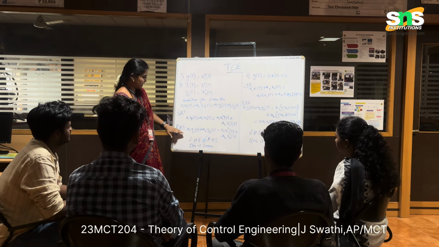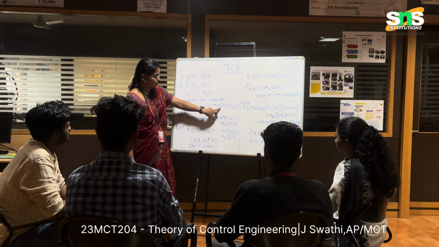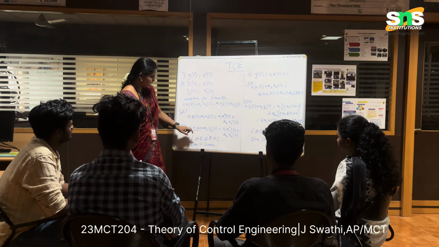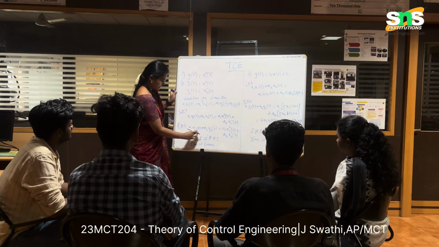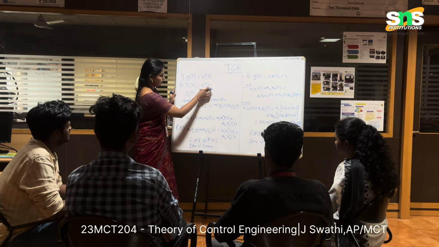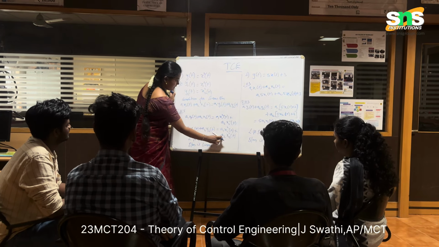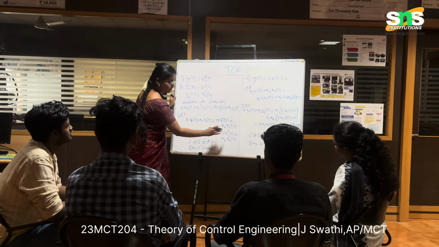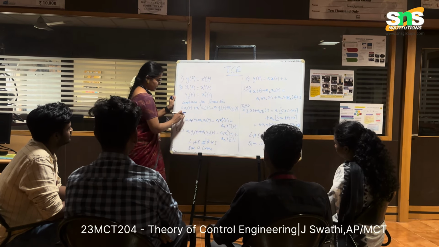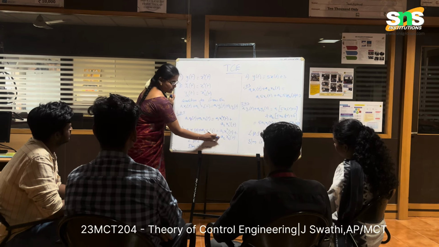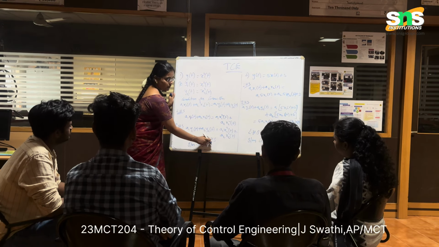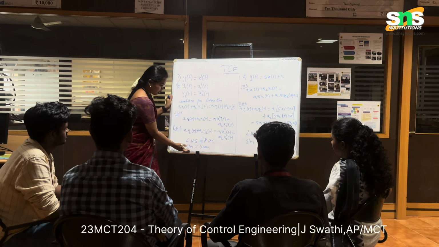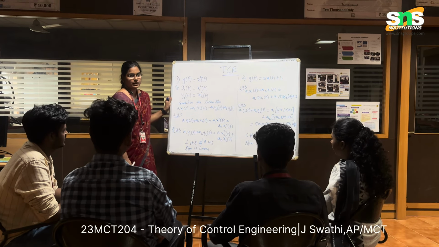For the right hand side, it is a1 y1 plus a2 y2, so I substitute the y1 and y2 terms. Comparing this additivity formula, my left hand side and right hand side are equal. So it satisfies the superposition condition, and the system is said to be linear.